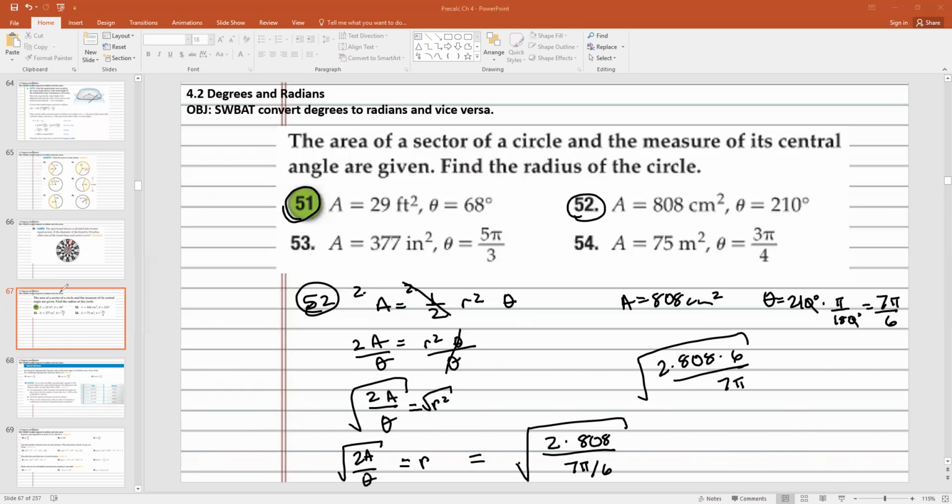So we end up with 20.99. You can round that to 21 centimeters. Because the area is centimeters squared, but this one, the radius is centimeters. And that's it.